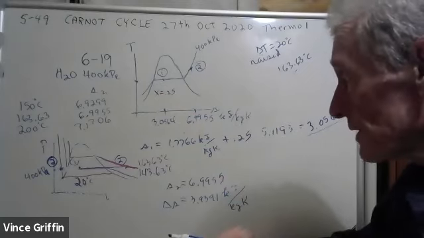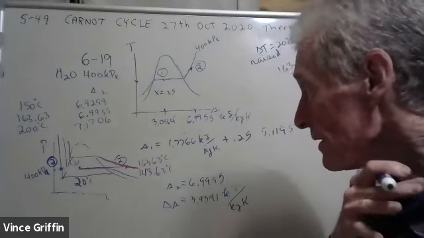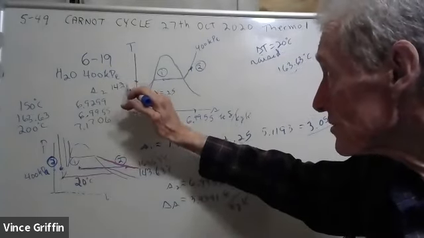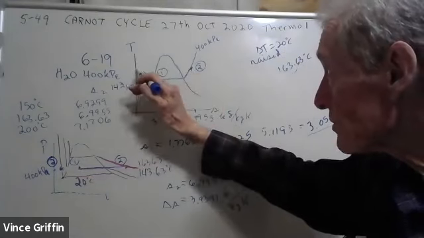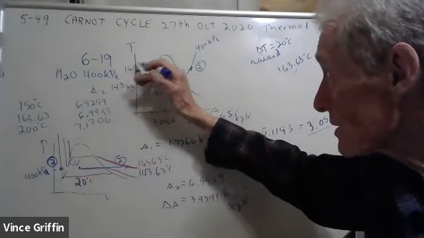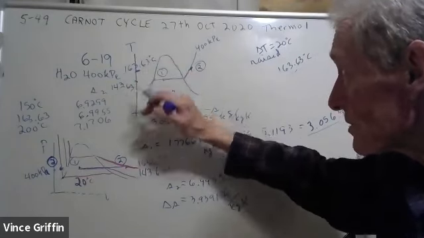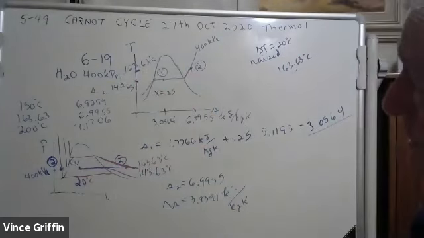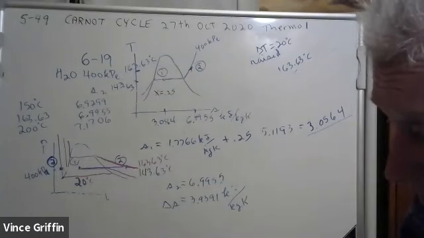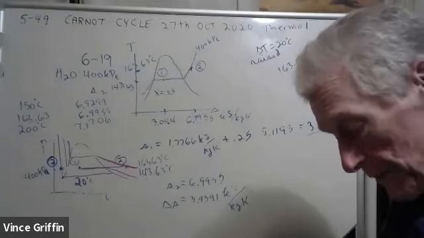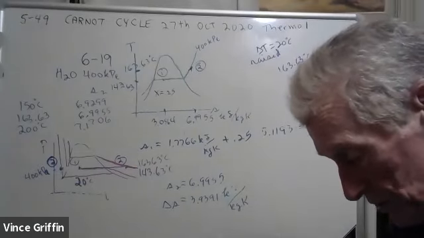That's the 143.63, and we know what this temperature is here. That's the 163 degrees Celsius. See, it went up 20 degrees. So we've entered the exciting world of TS diagrams. Any comments or questions on that?